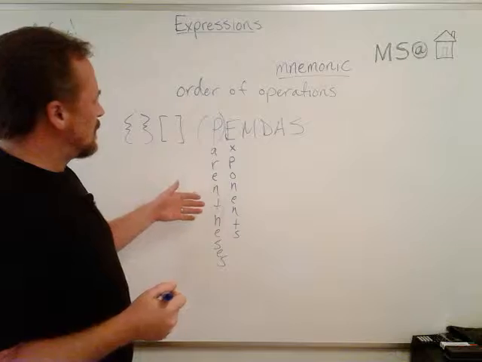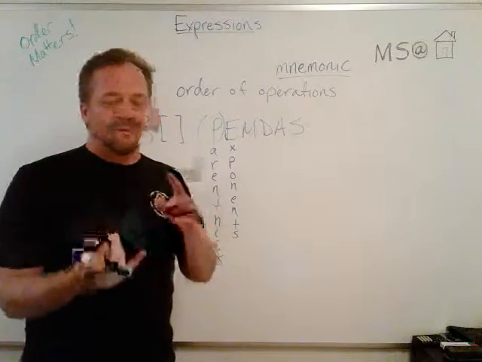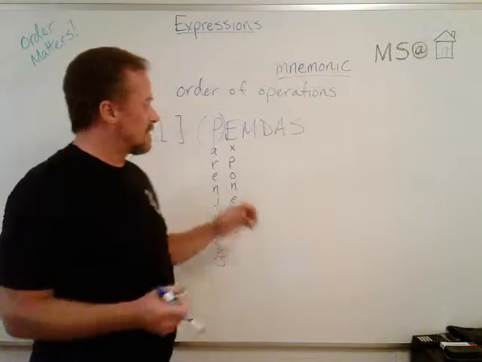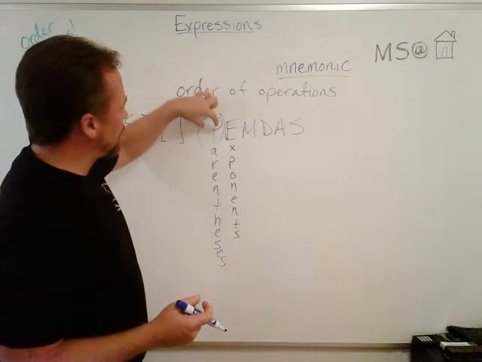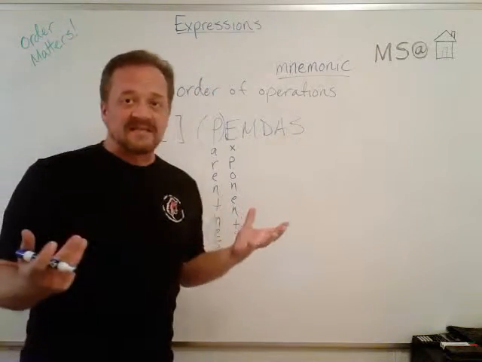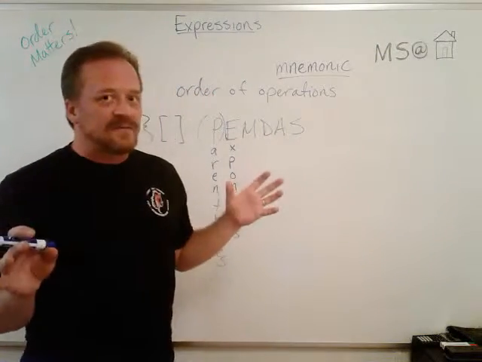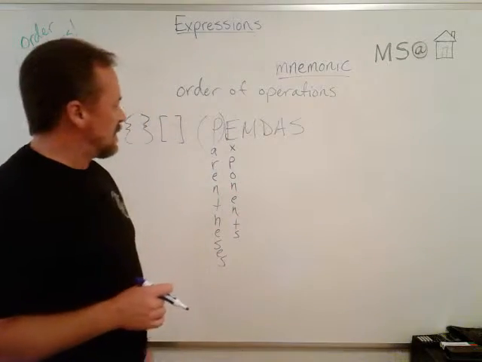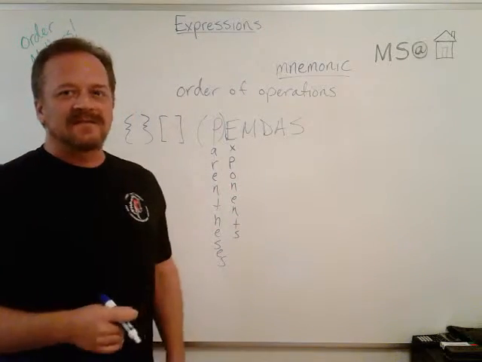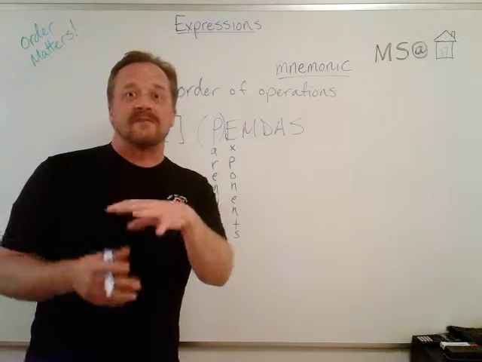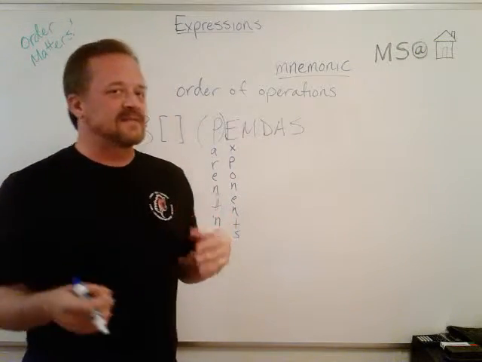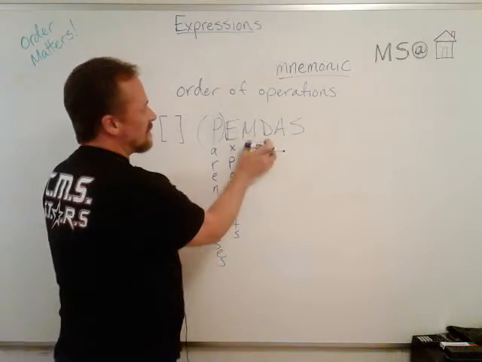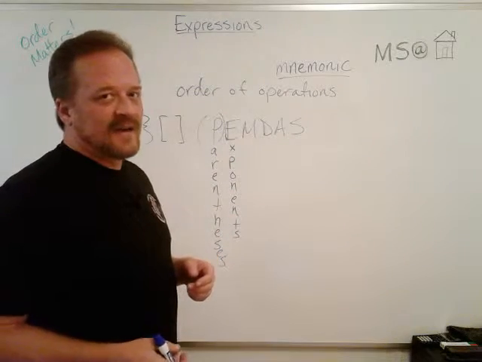Now so far, if we ever see an expression with both parentheses and exponents, we're going to do whatever's inside of the parentheses first. And when that's done, we'll say, do I have any exponents in here? And I'll do those next. Now after that is where it gets a little tricky. And this is where those viral Facebook and Twitter things get a little bit confusing. These two, MD, you can probably guess what those mean, right?